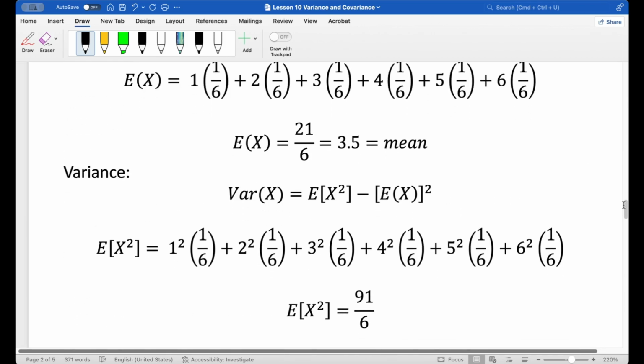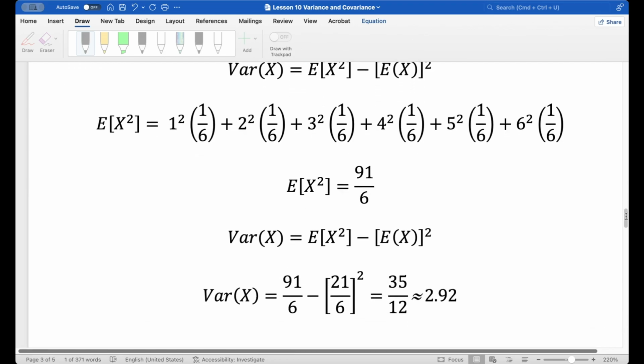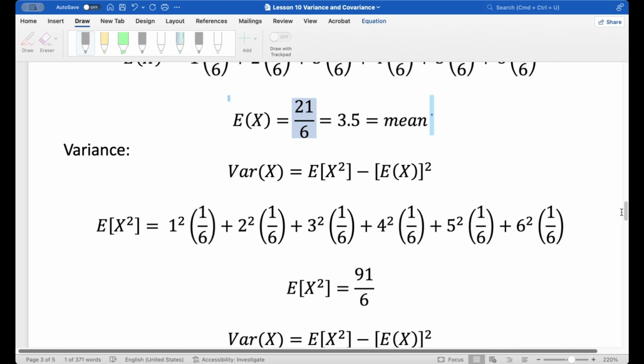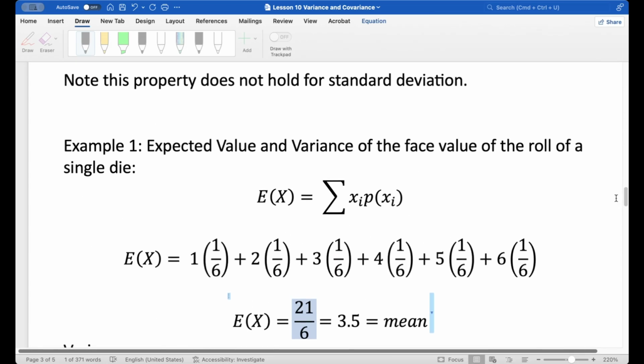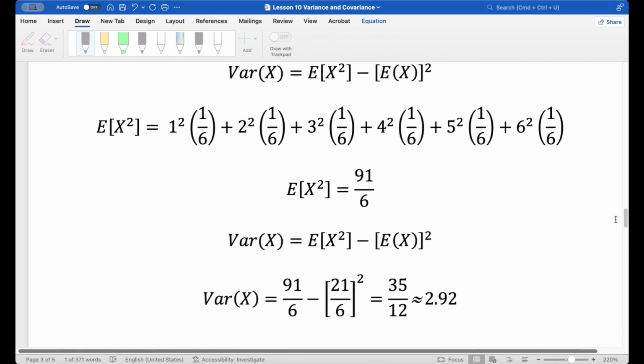And that simplifies down to 91 over 6. And then we're going to subtract the mean that we just calculated, this 21 over 6 squared. So it's 91 over 6 minus 21 over 6 quantity squared. And that is 35 over 12, or about 2.92. So the variance of this random variable, face value for a roll of a single die, is 2.92.